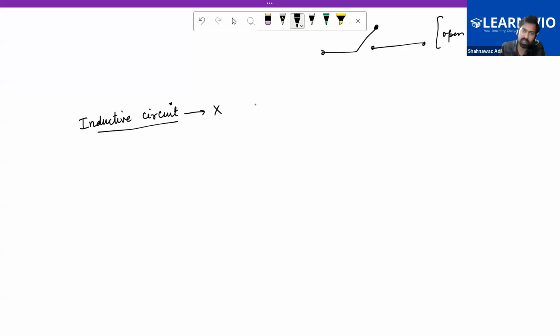So this XL is omega L. If omega is 0, then XL is 0.